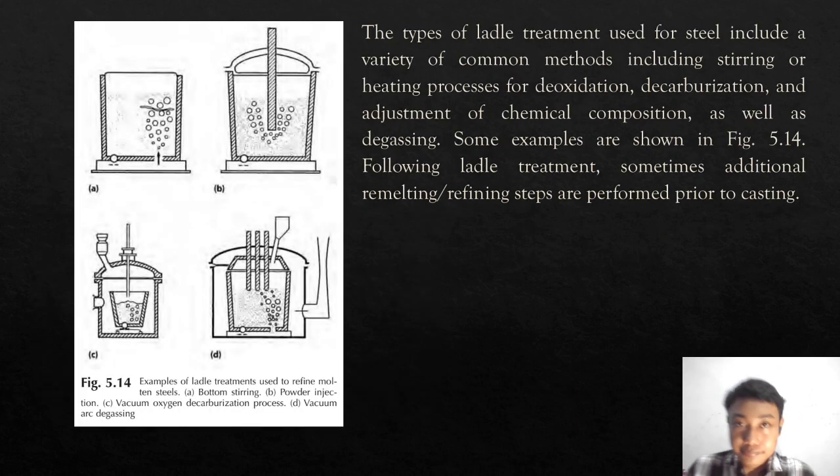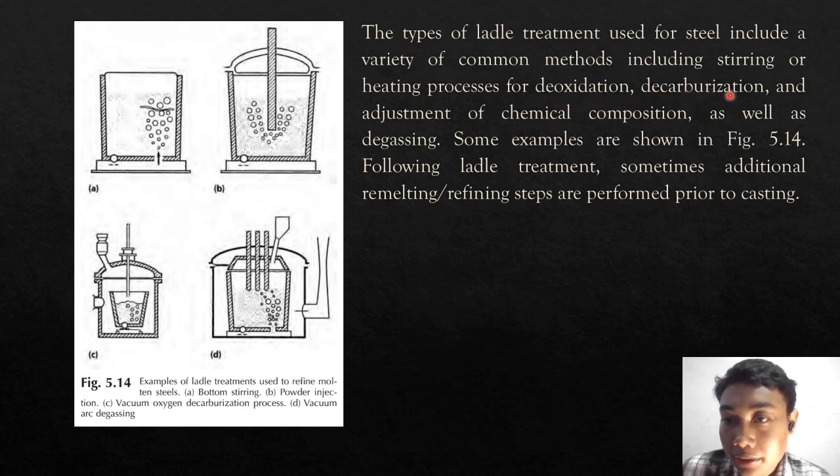Next. The ladle treatments used for all steels include a variety of common methods, including stirring or heating processes for deoxidation, decarburization, and adjustment of the chemical composition, as well as degassing.